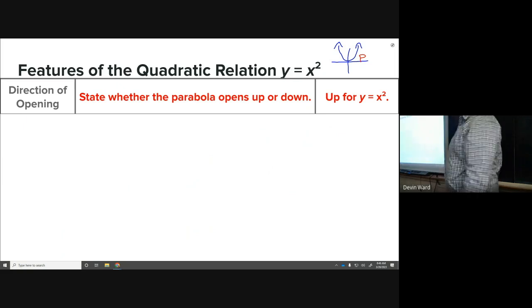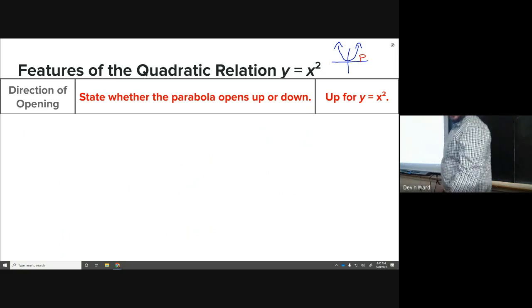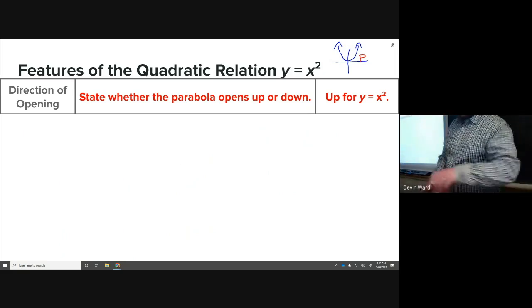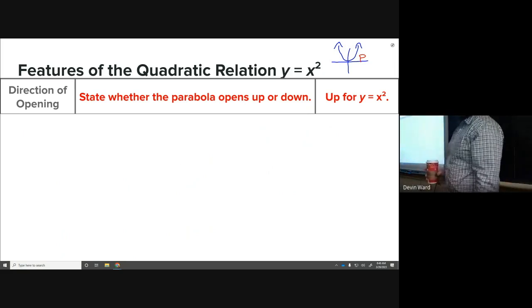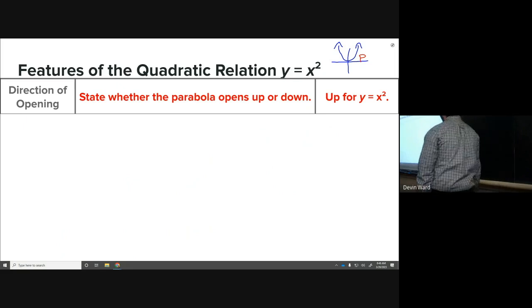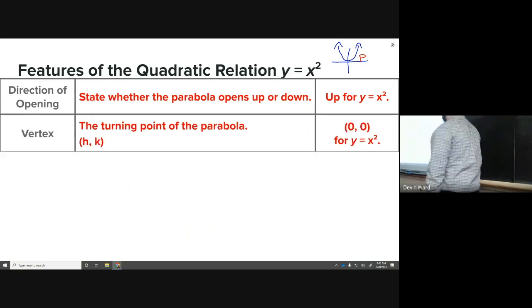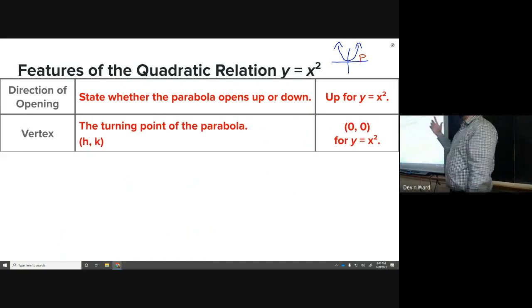Okay, so in the middle, I'm going to write the definition, then I'll say what it is for y equals x squared. So vertex, that's a turning point of the parabola.